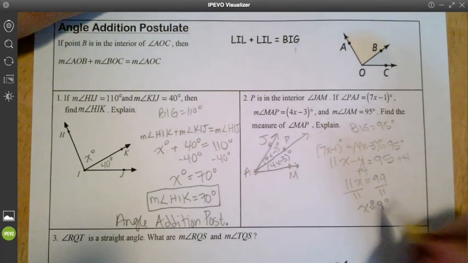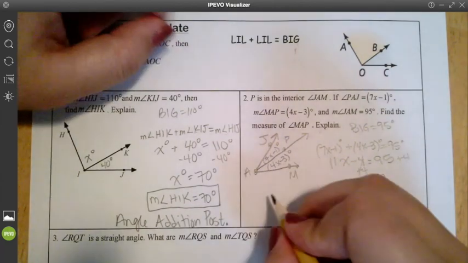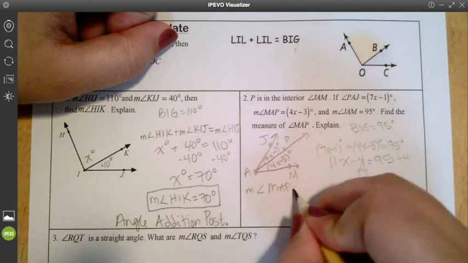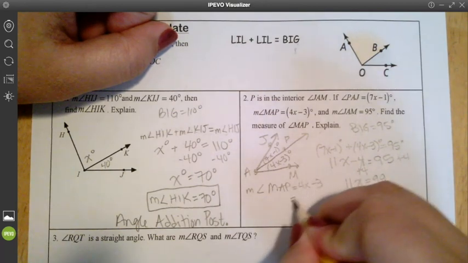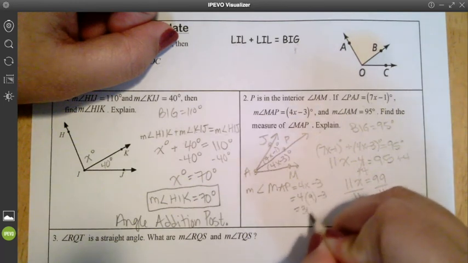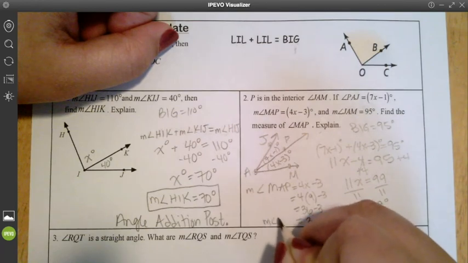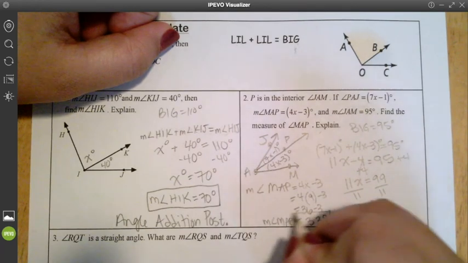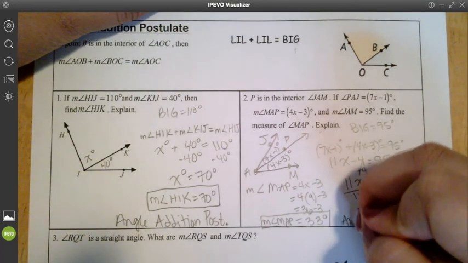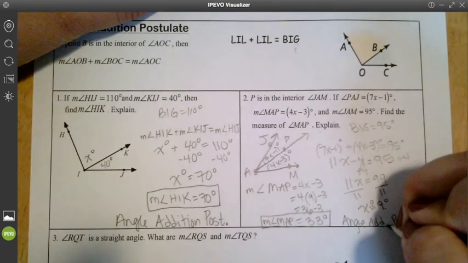And so x equals 9, but that wasn't the question. The question is for the angle of MAP. So we have MAP has a measurement of 4x minus 3, 4 times 9 minus 3, 36 minus 3, which is 33 degrees. Okay, and again, this was by angle addition postulate.